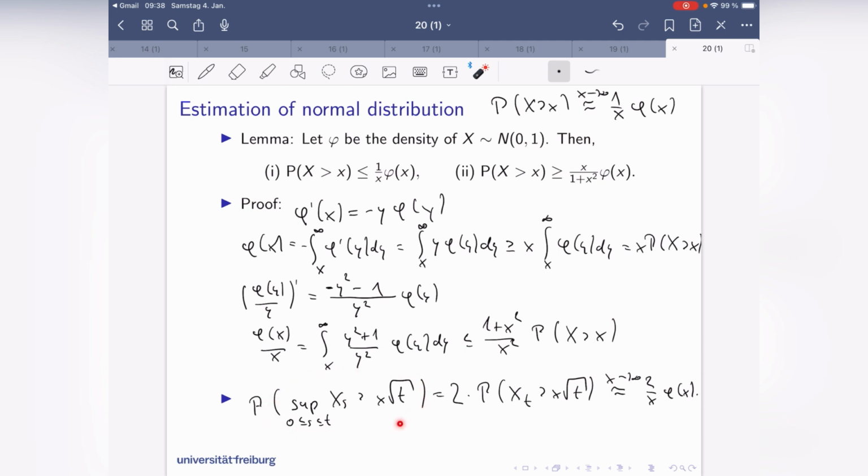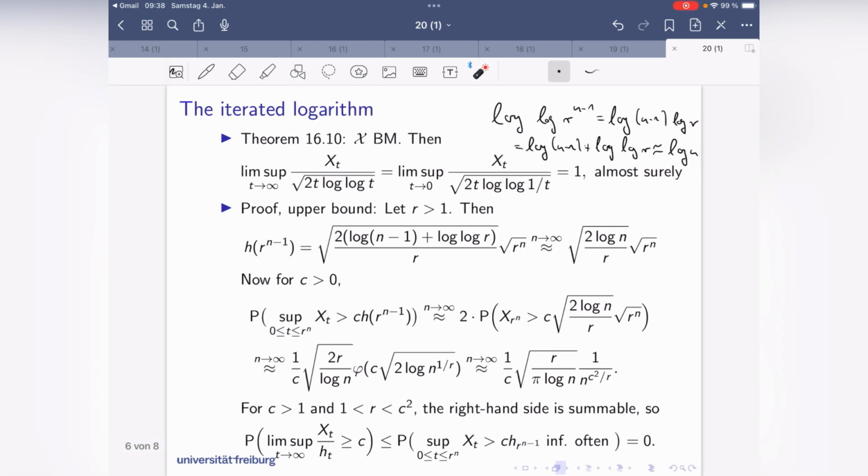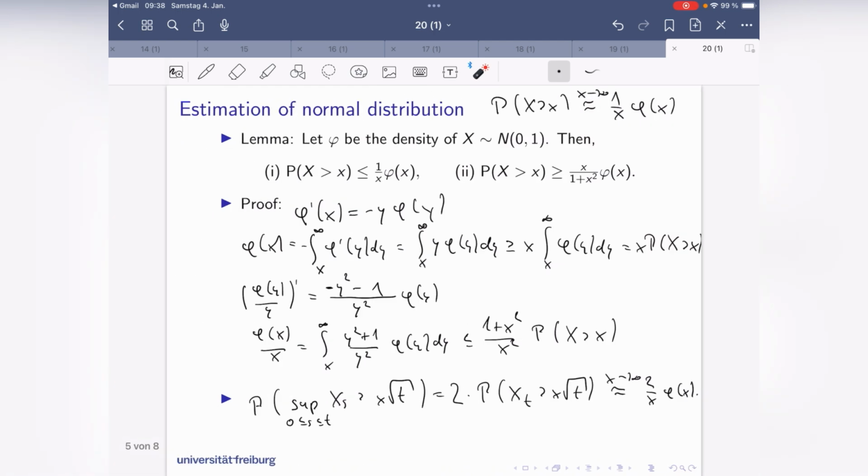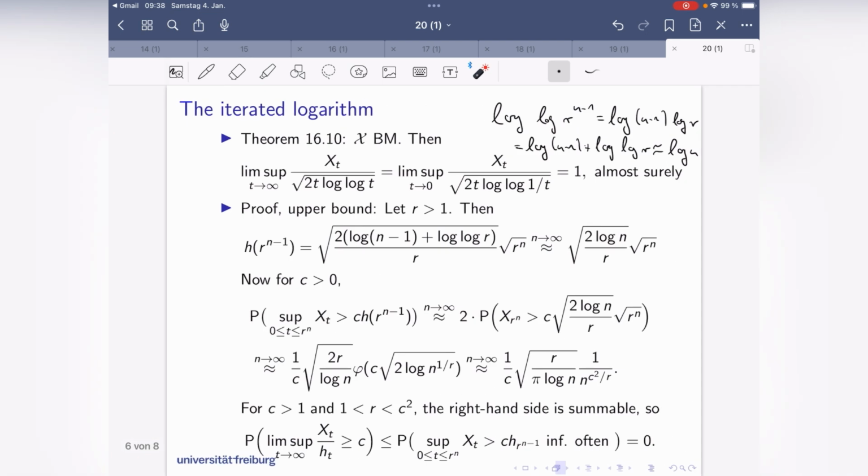That's of the same form. I only have to be careful. Here's a t, and here's the square root of t. But that's exactly how I wrote this. Here I have an r to the power of n, and I have a square root of this thing here. And we know from this here that that's about 2 over x, so x is what stands in front of the square root of t times phi of x.